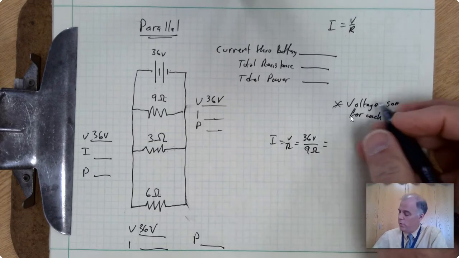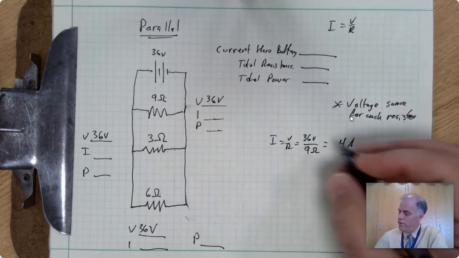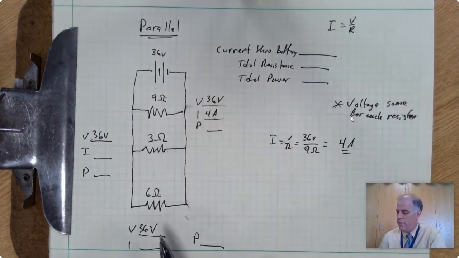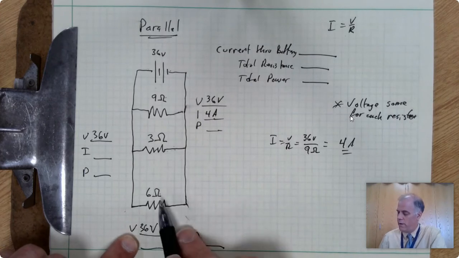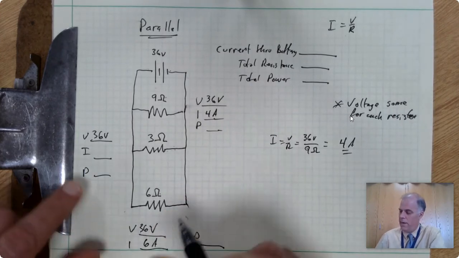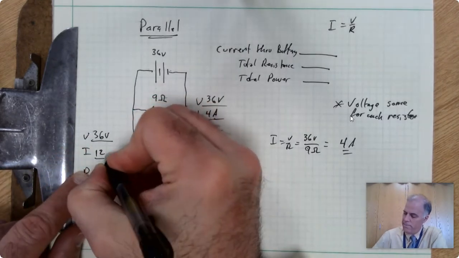And that is equal to 4 amps. 36 divided by 9 is 4 amps. So this is 4 amps. We do the same thing for the others here. 36 volts divided by 6 ohms is going to be 6 amps. And 36 divided by 3 ohms is 12 amps.